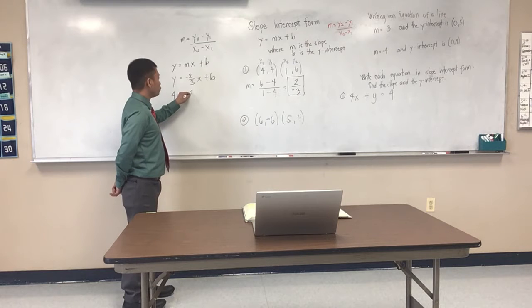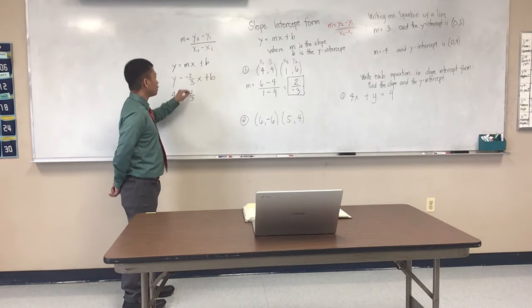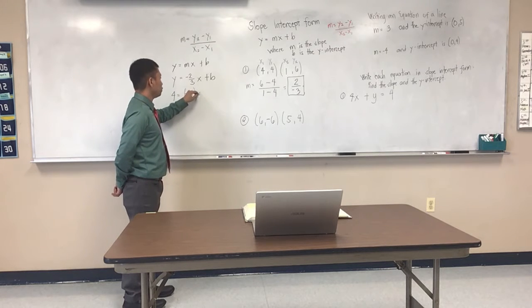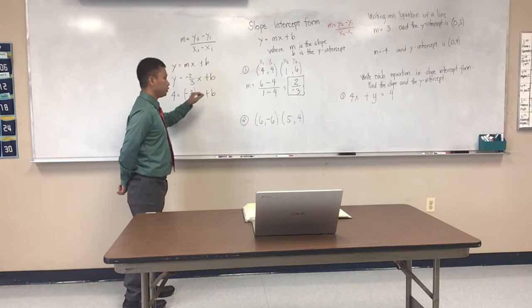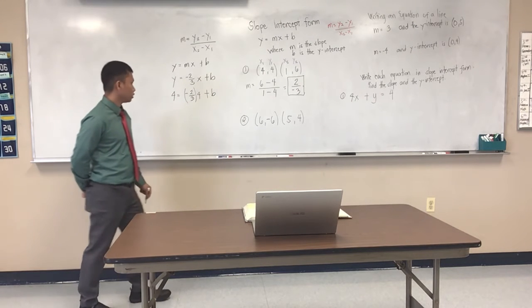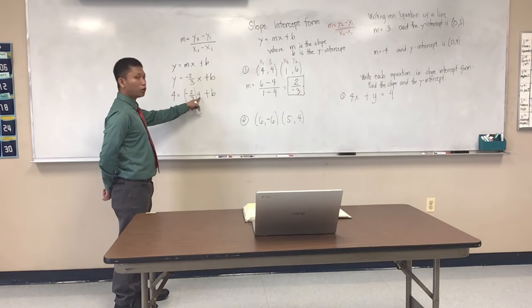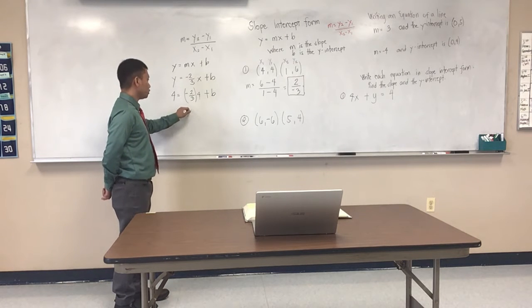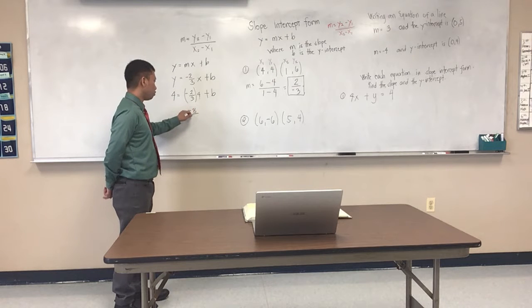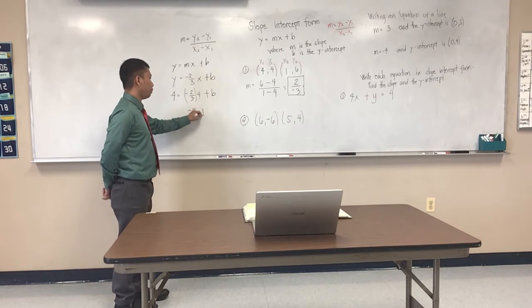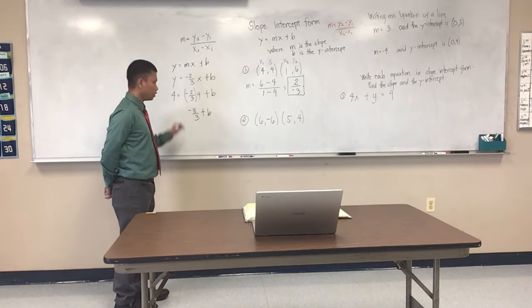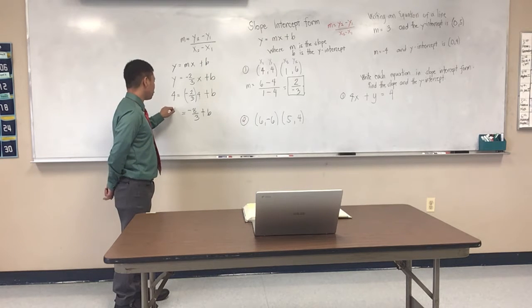We have negative 2/3 times 4 plus b. Okay, so we have here 4 times negative 2/3, this is negative 8 over 3 plus b. On the other side, we have y, which is 4.